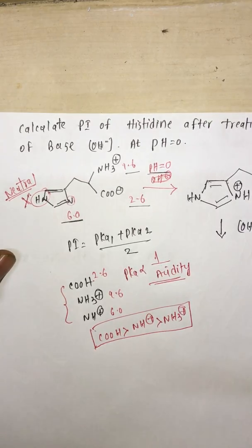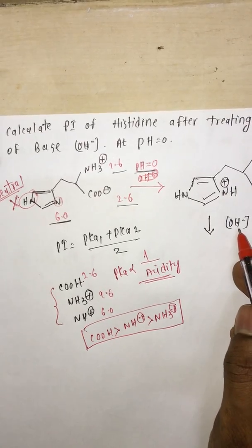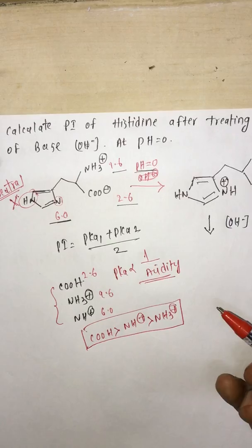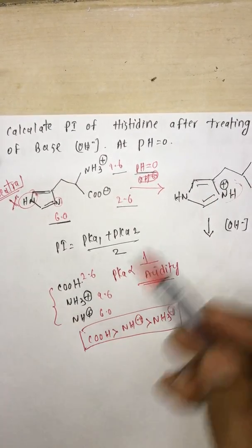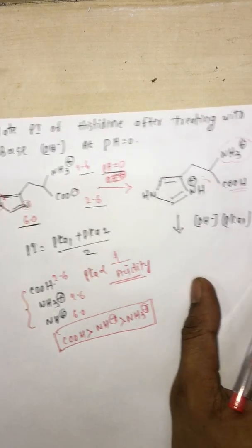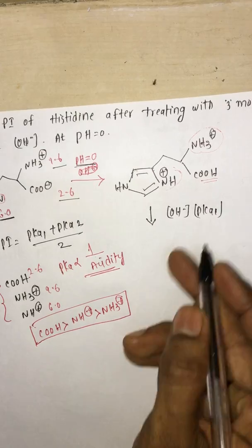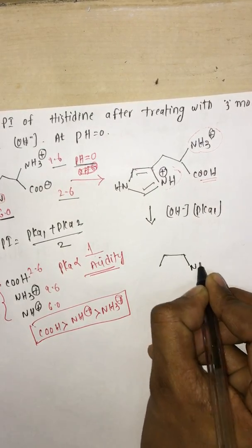That means when we treat with 1 mole of OH minus, the base will abstract hydrogen from the carboxylic acid. In the second case, the second mole of OH minus will abstract from this NH, and the third one will be from this NH3. Okay, so after treating with the first mole of base, the structure will look like this.